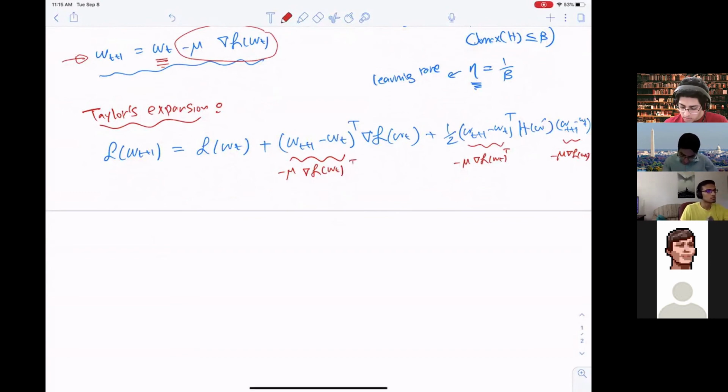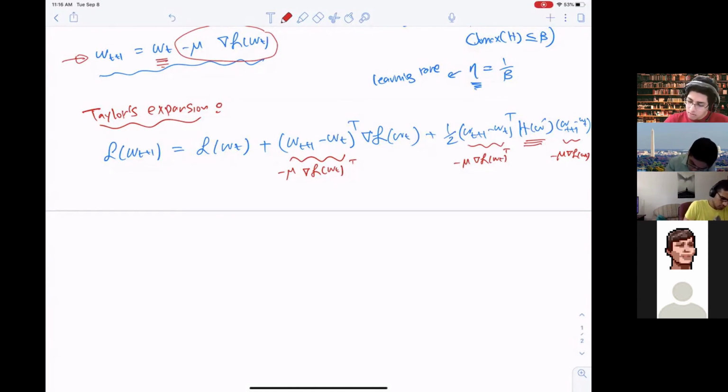All right, so another assumption that we know: even though I don't assume my Hessian is PSD, I know the maximum eigenvalue of the Hessian is less than or equal to beta. And we know that for a vector z, z transpose times a matrix times z is always less than or equal to lambda max of the matrix times the norm squared of z.